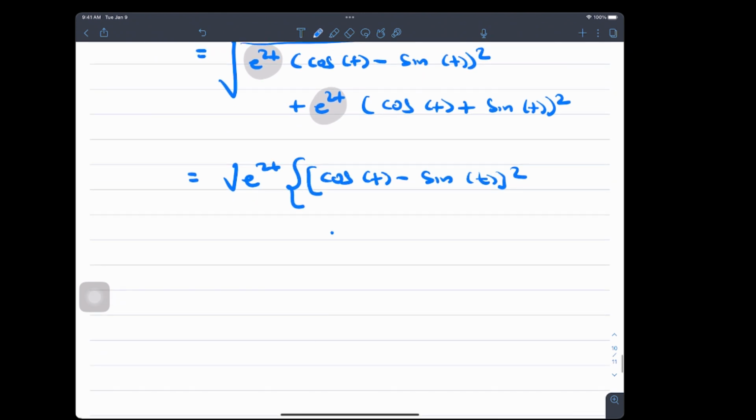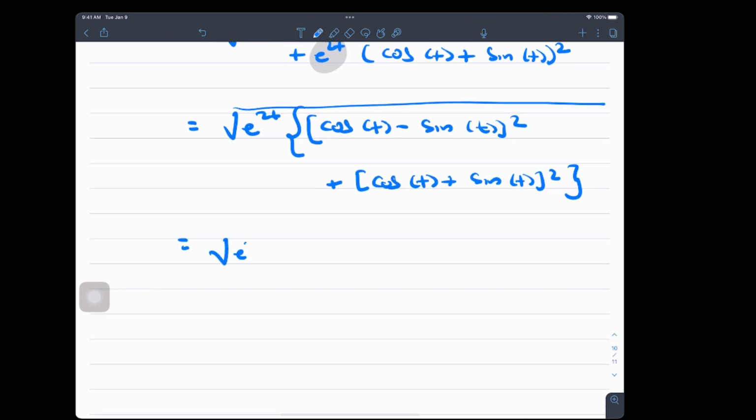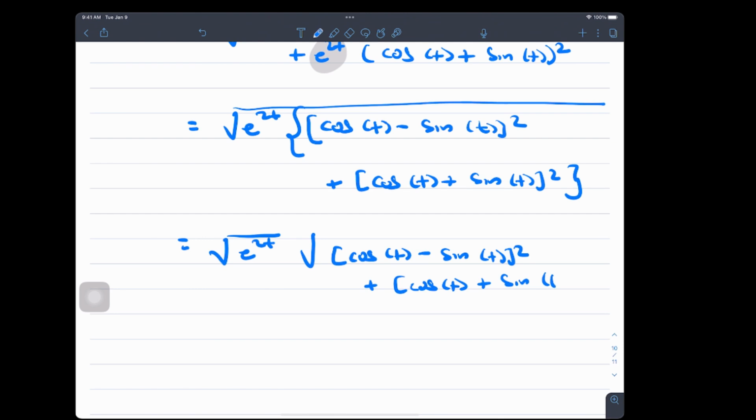Factor that out, and you're going to get cosine t plus sine t squared with the bracket. And that's under a radical. So you're going to take the square root of e to the 2t. So you're going to take the square root of a product, the product of square roots. And then that's going to be that whole cosine t minus sine t, you're going to square that, plus cosine t plus sine t squared, and it's all under a radical.